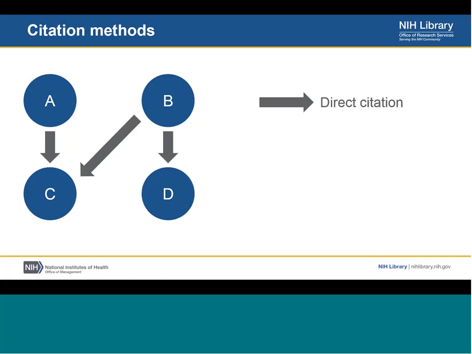So that would be the most common or simple approach to using citations for topic analysis: create one of these direct citation networks and then cluster it to look for clusters of papers that all cite each other. However, in the literature, there are additional ways of creating additional networks based on this network structure.